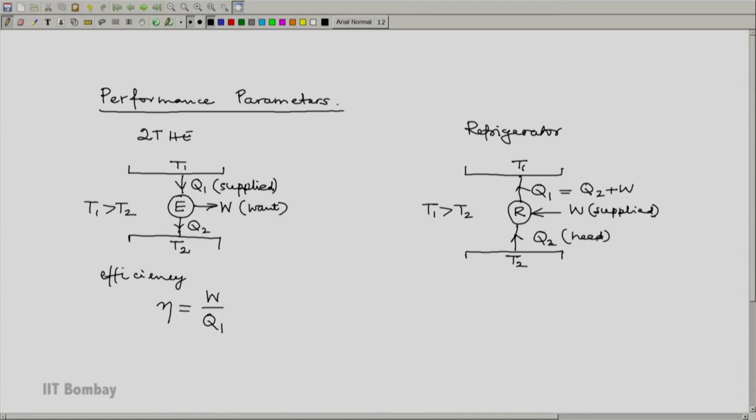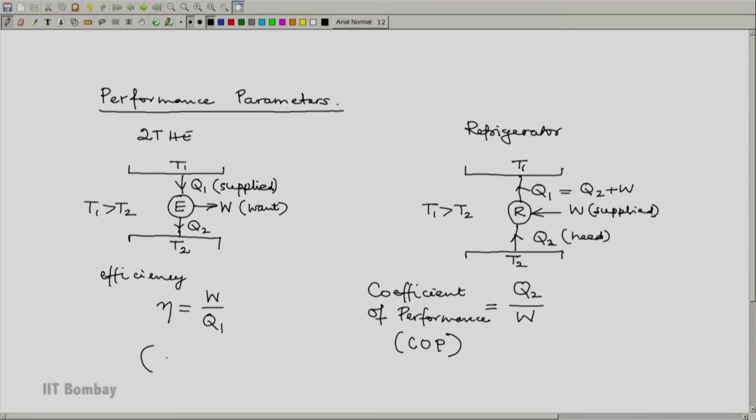So this is what we want, this is what needs to be supplied for it to work. So here the corresponding ratio as a performance parameter will be Q2 by W, and this we call the coefficient of performance. The common symbol is not a symbol but an acronym, short form, it's COP.